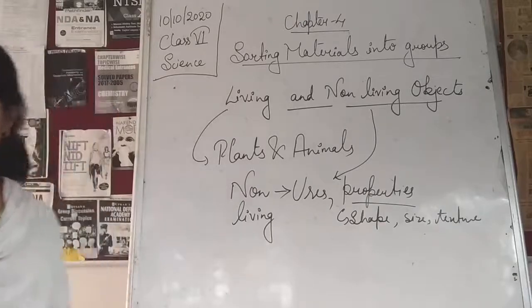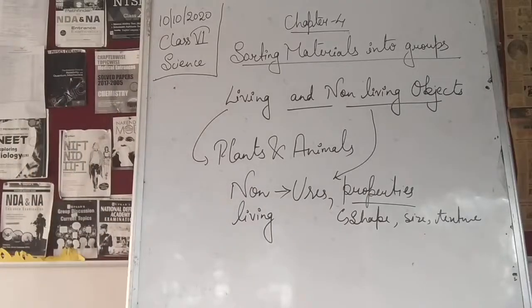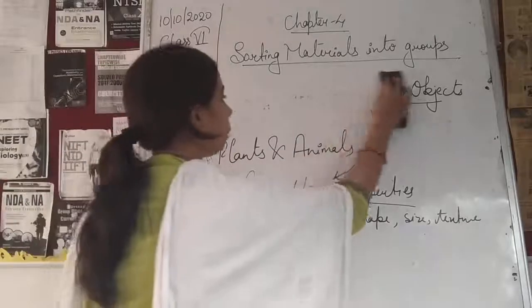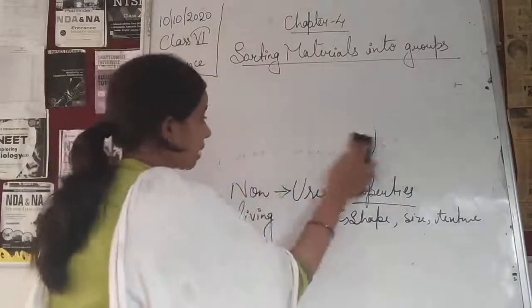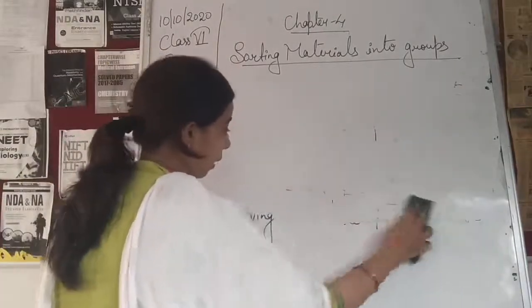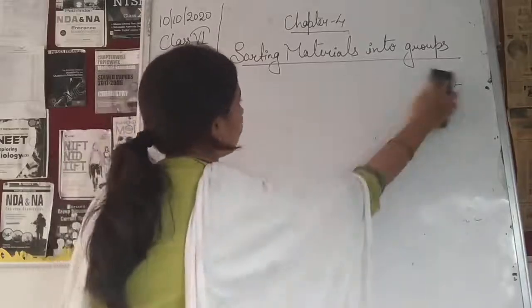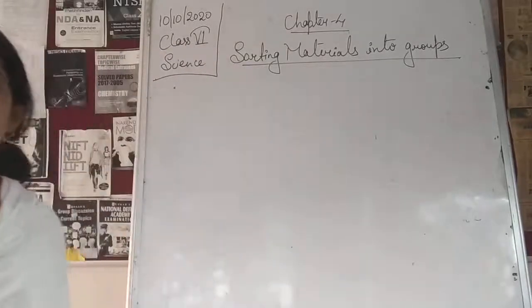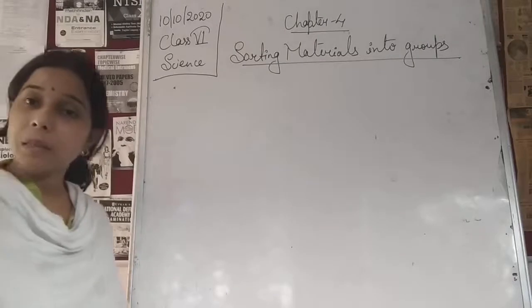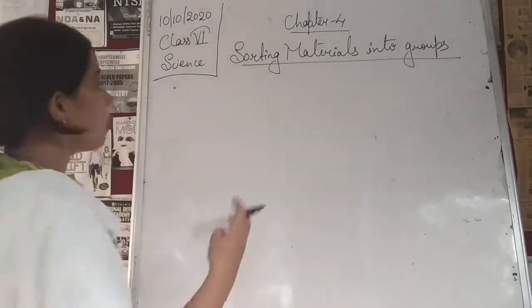Now let us discuss another very important thing, students, and that is materials. We discussed that there is a need of classification and why it is important. But now we will talk about what we understand by material.